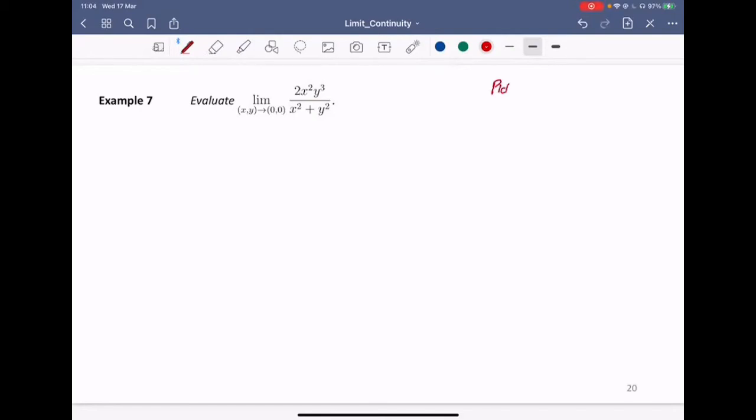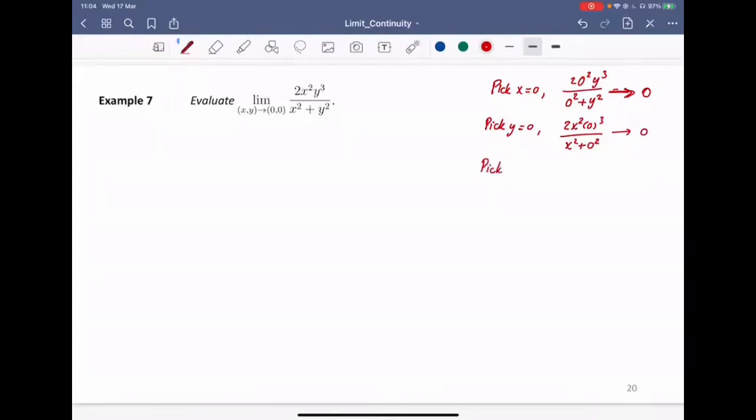So let's try to pick x equal to 0. If I pick x equal to 0, I get 0 on the top and 0 over y squared at the bottom, so the limit goes to 0. I can pick y equal to 0, and then it's 2 times x squared times 0 cubed over x squared plus 0 squared, which is 0 on the top again, so it goes to 0 again.